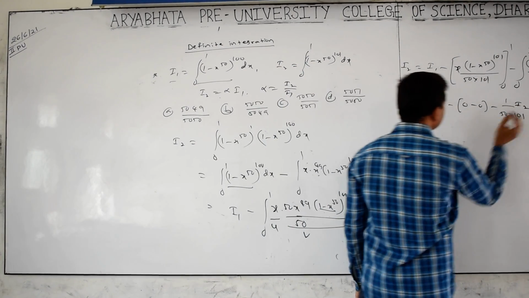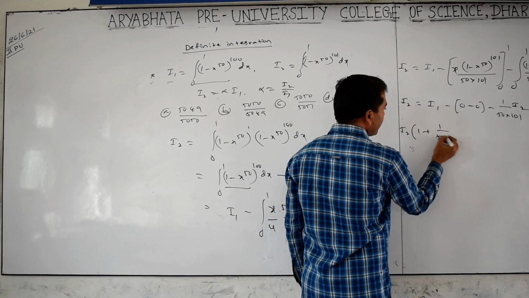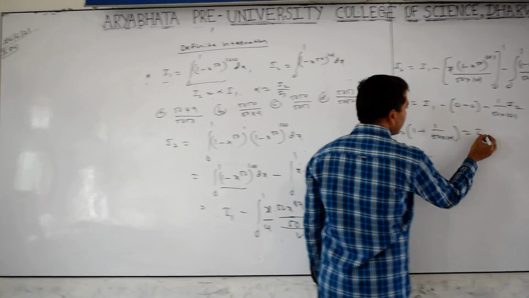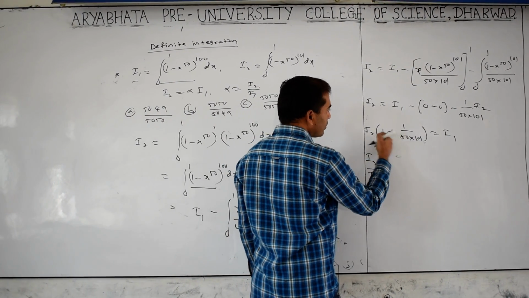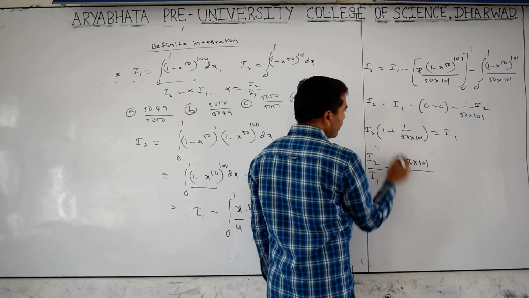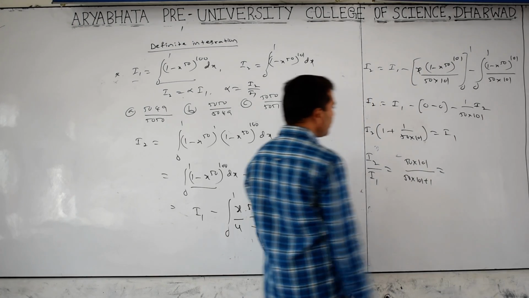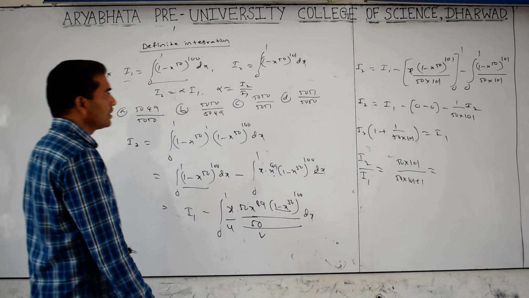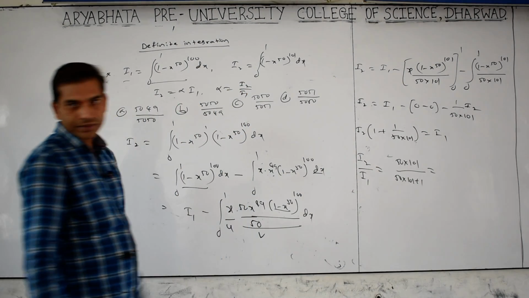This is I2, finished. Transpose I2 to this side: 1 plus 1 by 50 into 101 equals I1. So we want I2 by I1, which comes to 50 into 101 plus 1. So 50 into 101, how much? 5050. Multiply and verify the answer.